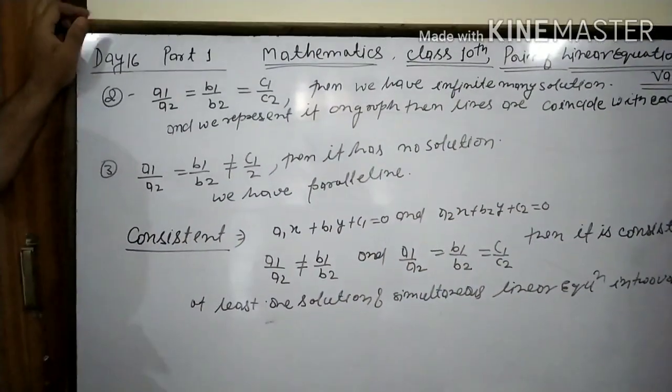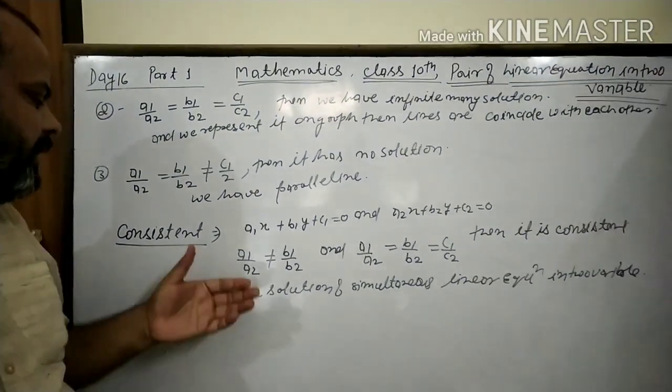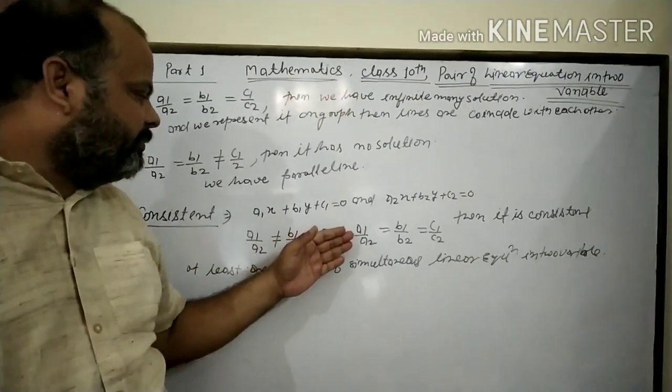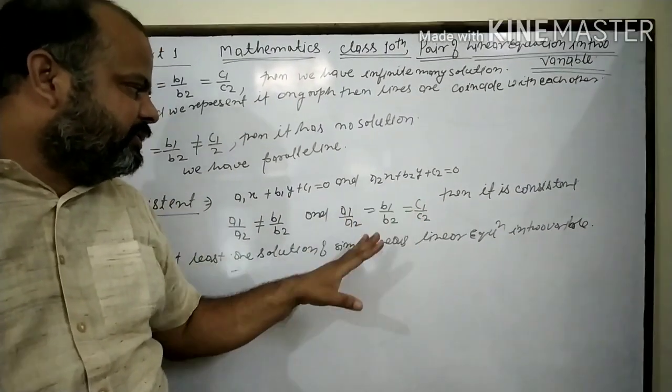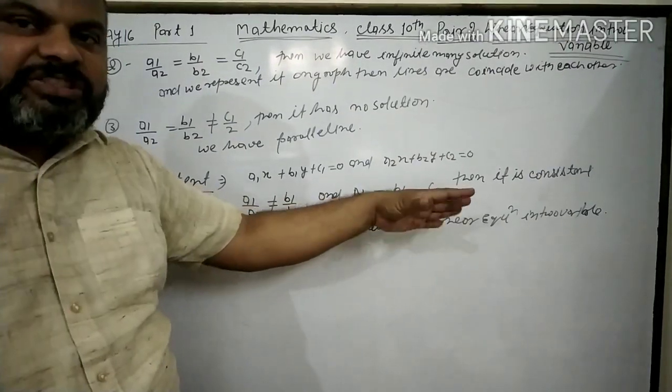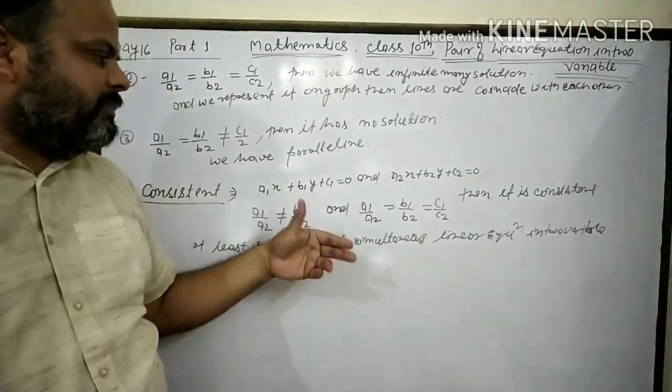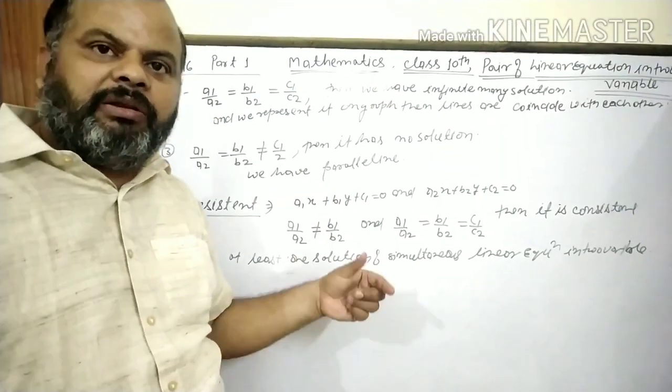Clear? It means if a1 upon a2 is not equal to b1 upon b2 and a1 upon a2 is equal to b1 upon b2 is equal to c1 upon c2, then they are consistent. Means if we have solved it, then we get a minimum of one solution.